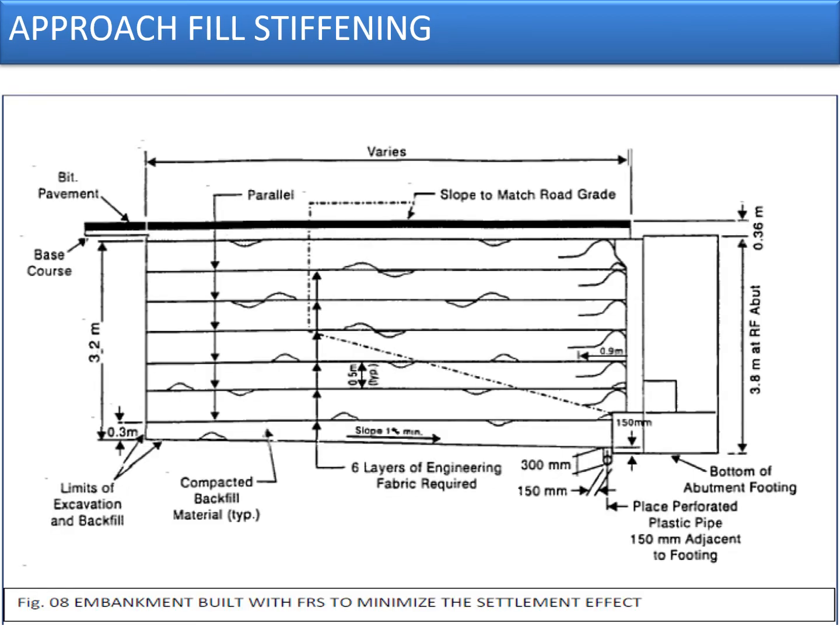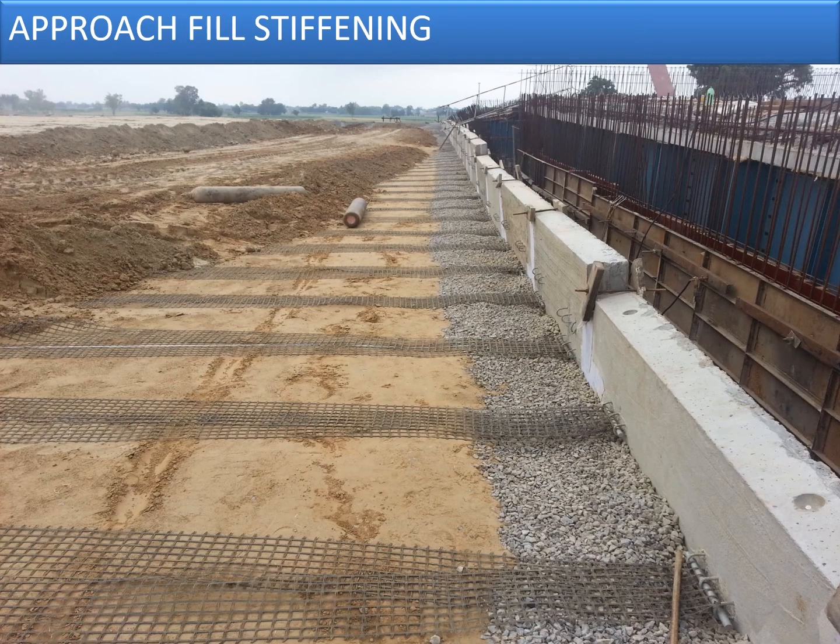So the approach fill stiffening is basically a system where the approaches are being tightly interlocked using RE panels on the sides. You can see in the photograph that the geotextile membrane and the stiffening membranes are used, and this is nothing but RE panel construction in common use.